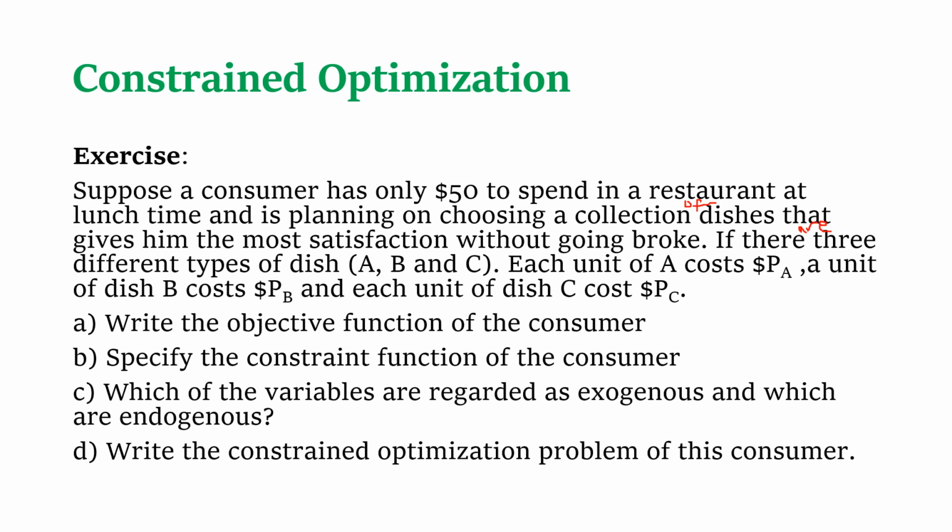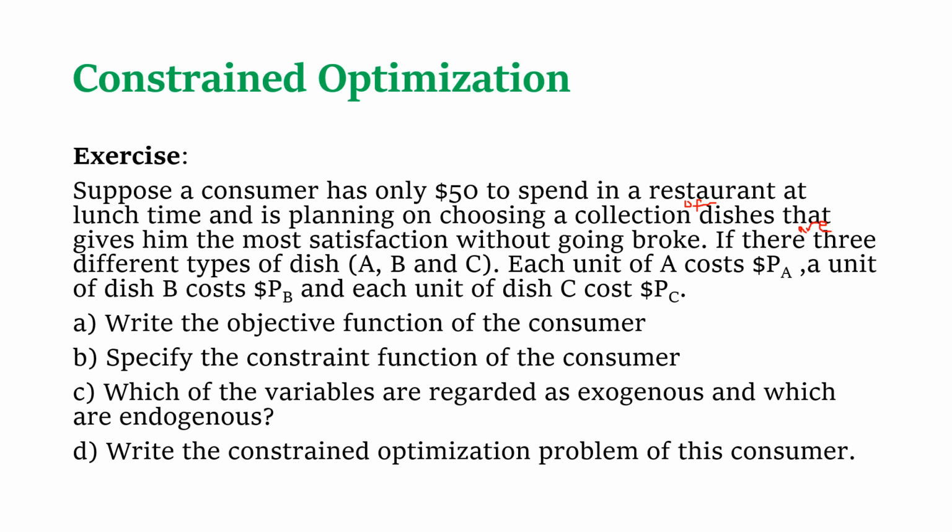It is what this consumer is going to spend on this thing. It is the expenditure on each of the goods, total everything, right? Because if you want to maximize satisfaction, he wants to get the maximum of all three dishes. He's going to spend on A, on B, and then on C. So if you add all those, you're going to have what?